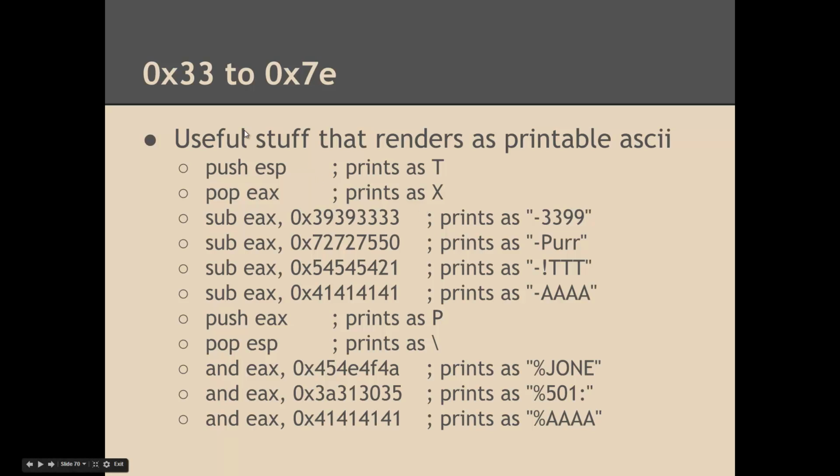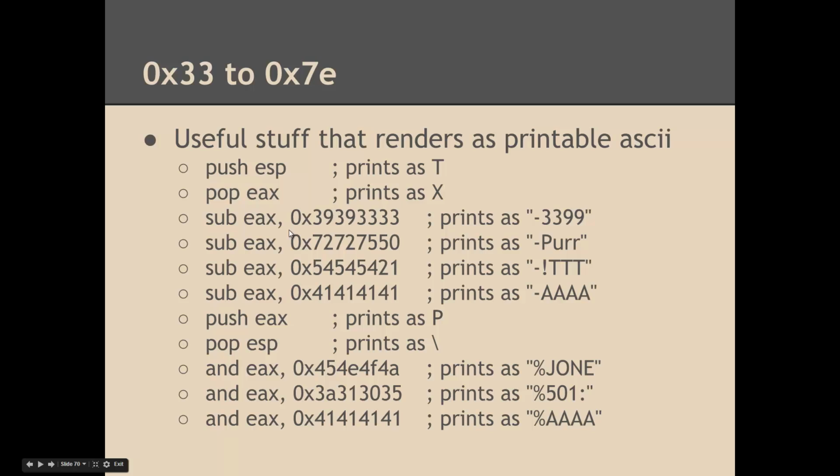Push ESP maps to capital T in ASCII when it's assembled. Pop EAX maps to capital X. And if you do sub EAX, for instance 39393333, it maps to minus 3399.